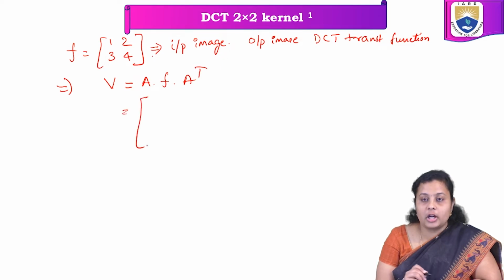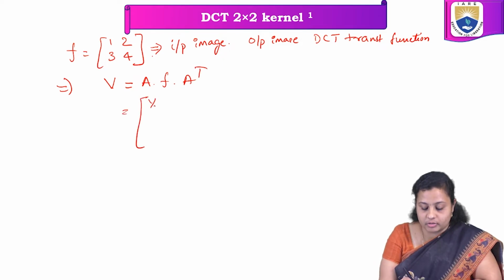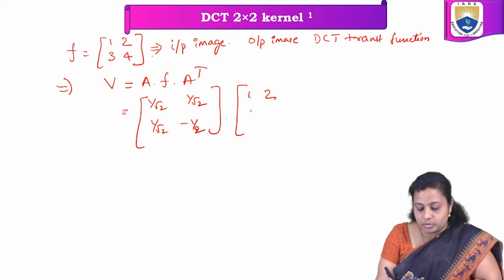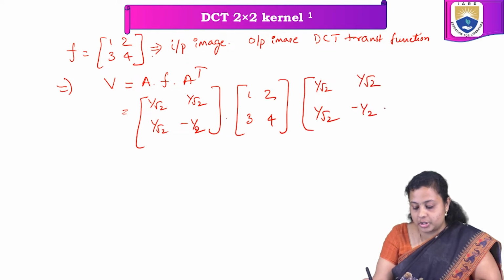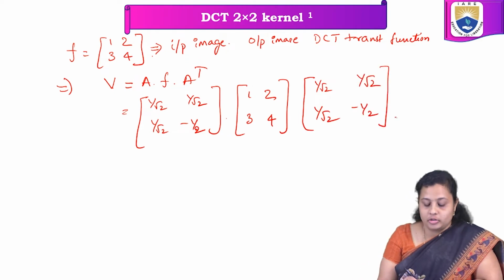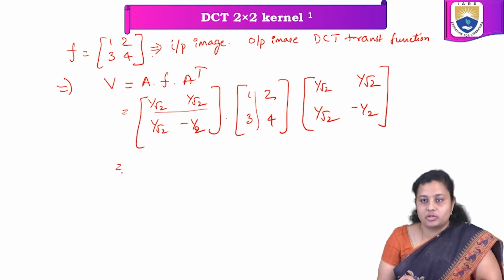So we have got our A from our previous step as 1 by square root of 2, 1 by square root of 2, 1 by square root of 2, minus 1 by square root of 2, which we are multiplying by 1, 2, 3, 4, which is our image, and the A transpose, which is given by 1 by square root of 2, 1 by square root of 2, 1 by square root of 2, minus 1 by square root of 2. Right? So we do the proper matrix multiplication as shown here.